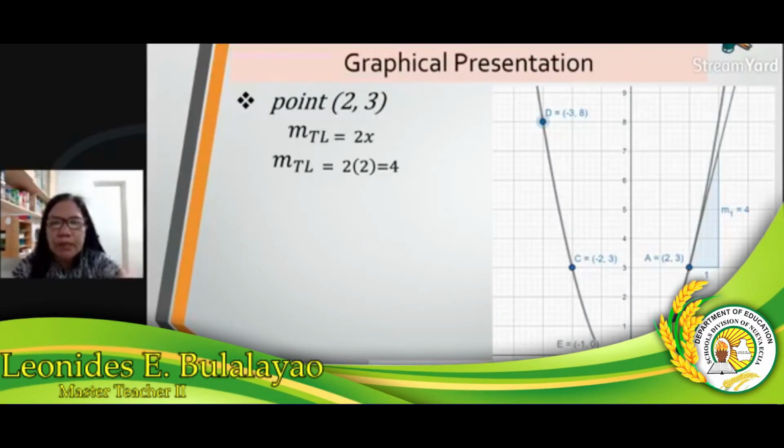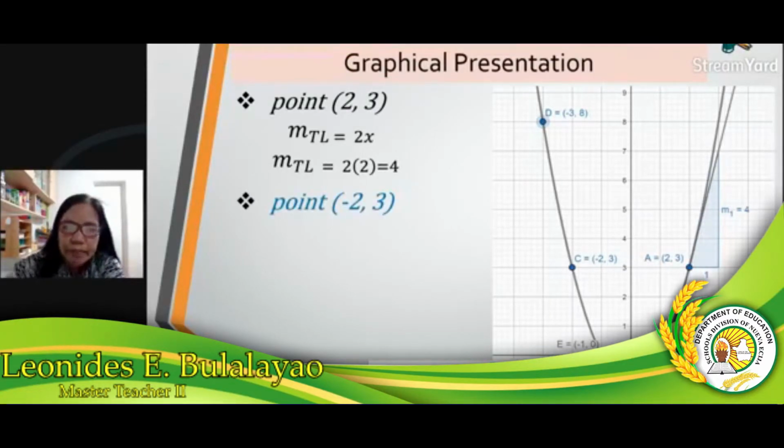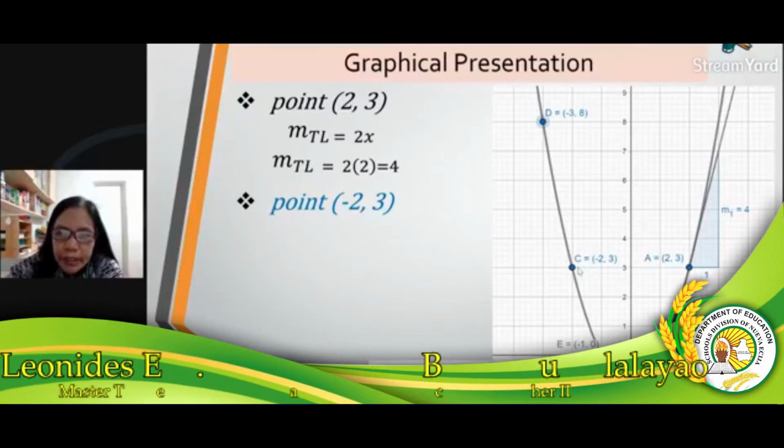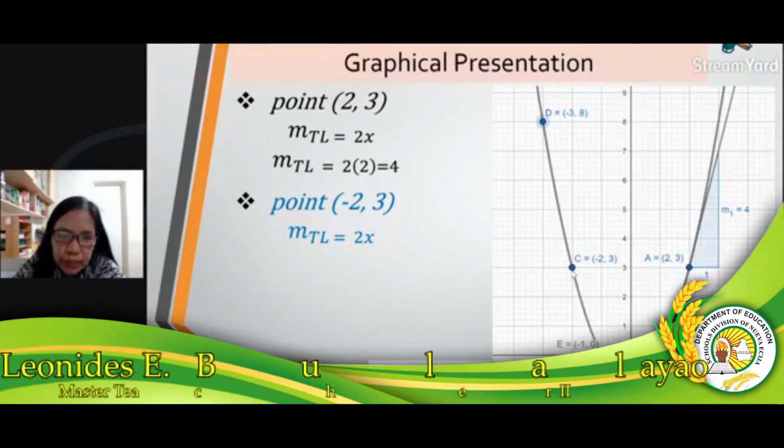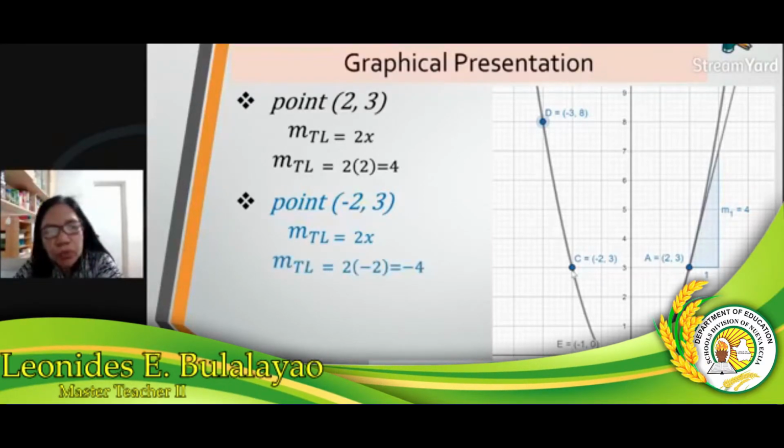At point (-2, 3), we have 2x, so we have 2 times negative 2. So the slope is negative 4.